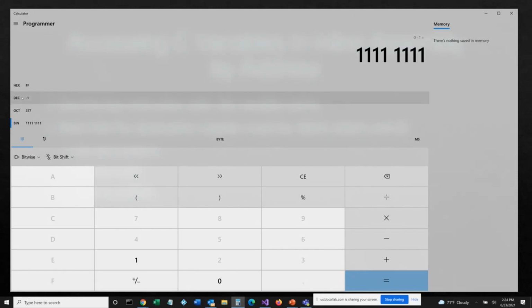But when we're talking about signed values, which is what this calculator works in, that's perfectly fine, because that particular value is actually a -1. So 0 minus 1 is -1. That representation works in both ways. But there are actually different instructions for doing signed versus unsigned calculations. And that's all we have for today.